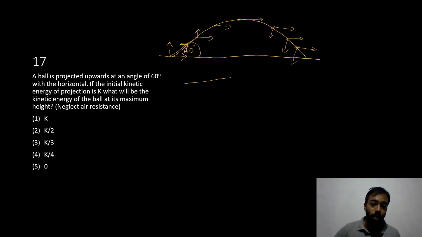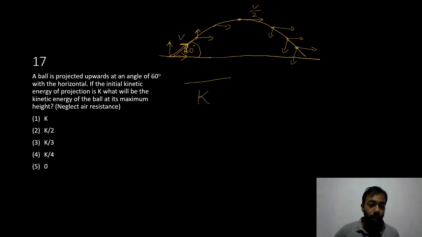So let's say that the initial speed is v. The horizontal component is equal to v cos 60. Cos 60 is half, so the horizontal component is v over 2, which is constant throughout the motion. When calculating the kinetic energy, we are considering the speed, not the velocity.